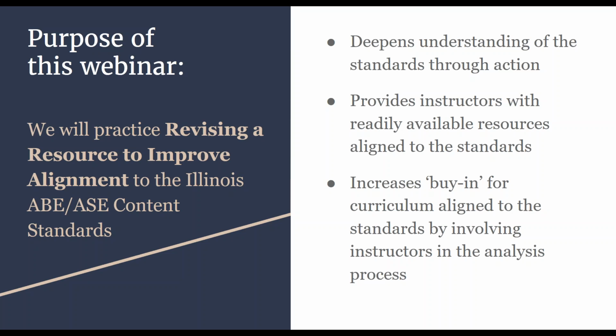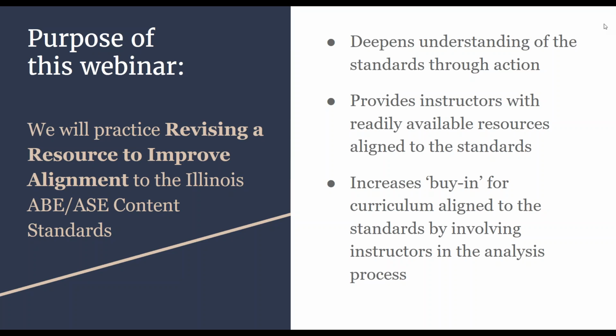In our last Standards Proficient trainings we looked at improving individual lessons, an individual lesson plan. Now we're talking broader, about the entire resource as a whole. These are your program's go-to books, the texts or websites that you use all the time. The question is, how well aligned to the standards are they? And if they're not, what would we have to do to make them so? This is what we're going to tackle first.